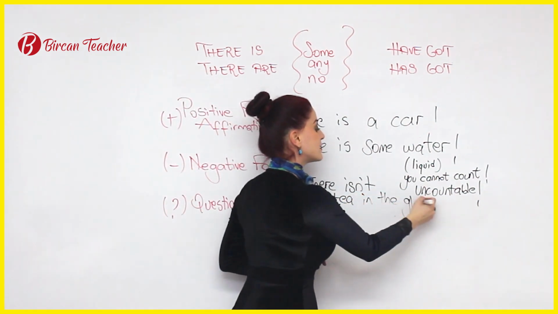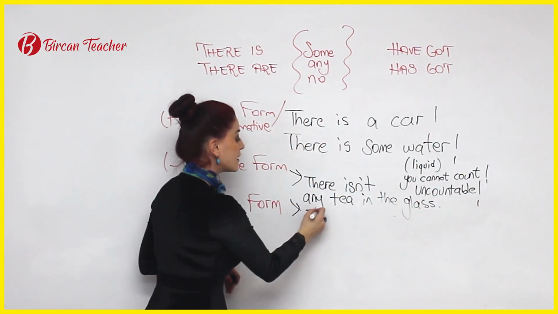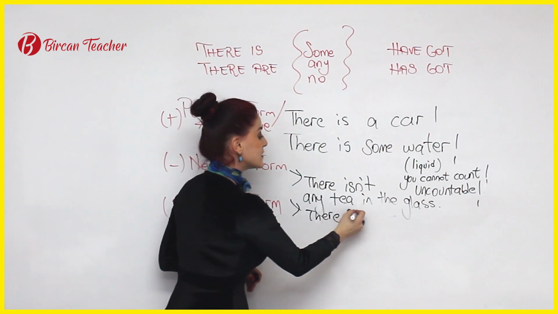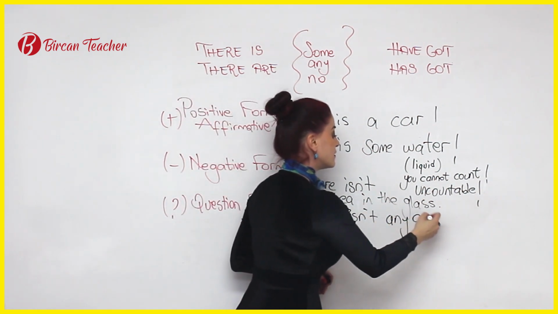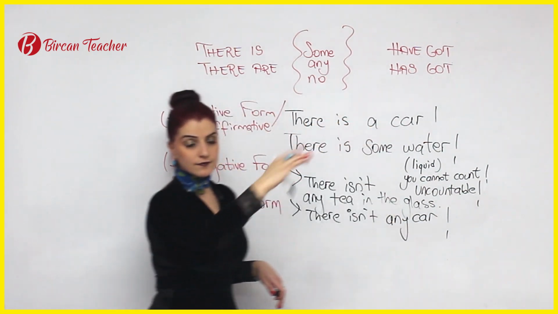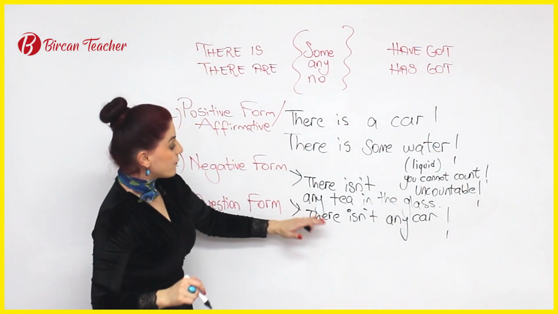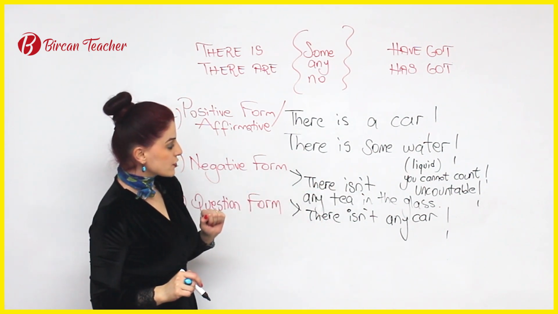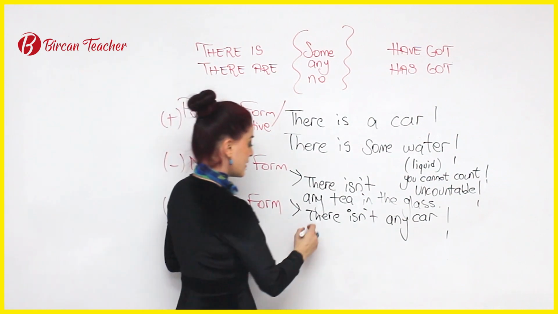Let's continue. In the glass. Or there isn't any car outside. You don't see any car. So no car. For negative forms, you can also use it like this.